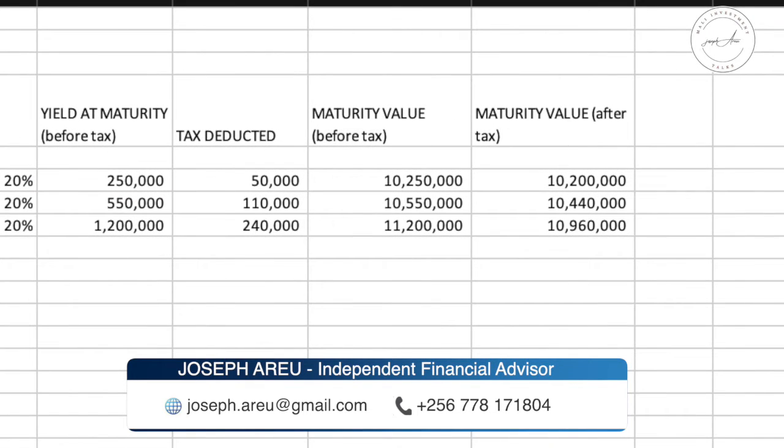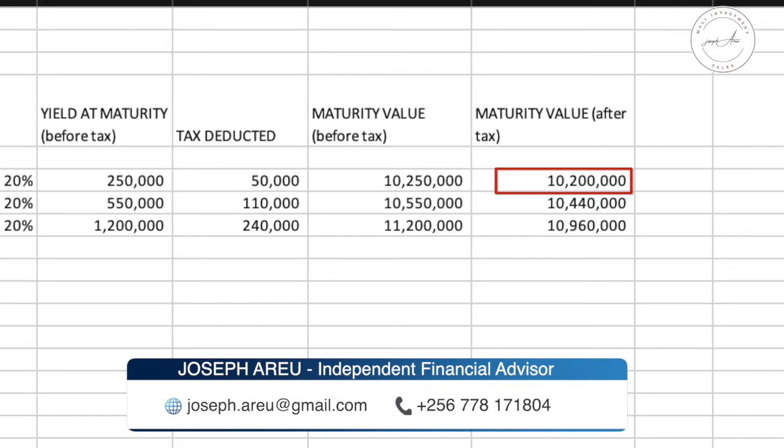The government will take off its tax of 50,000 shillings, that's 20% of 250,000, leaving you with an income of 200,000 shillings. So the total amount the government will pay you after 3 months will be your 10 million plus 200,000 being the interest that you will have earned in 3 months.